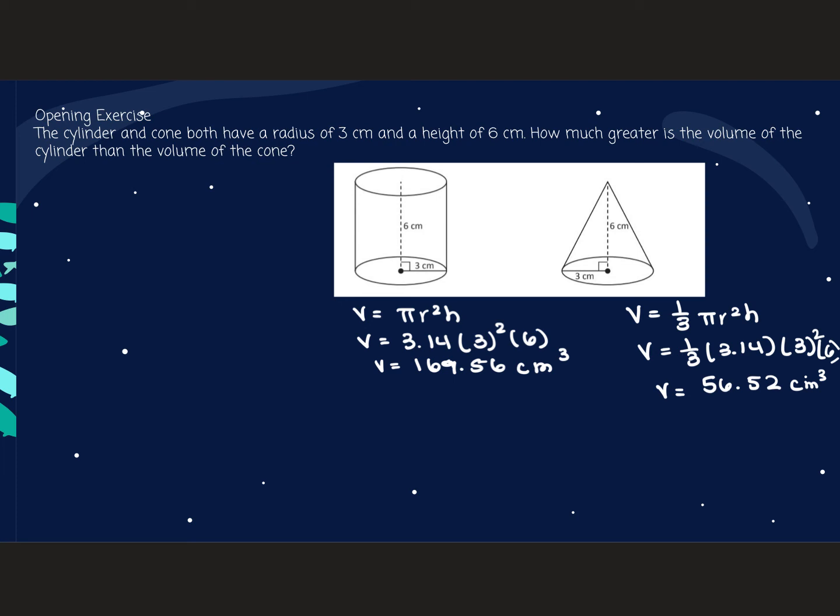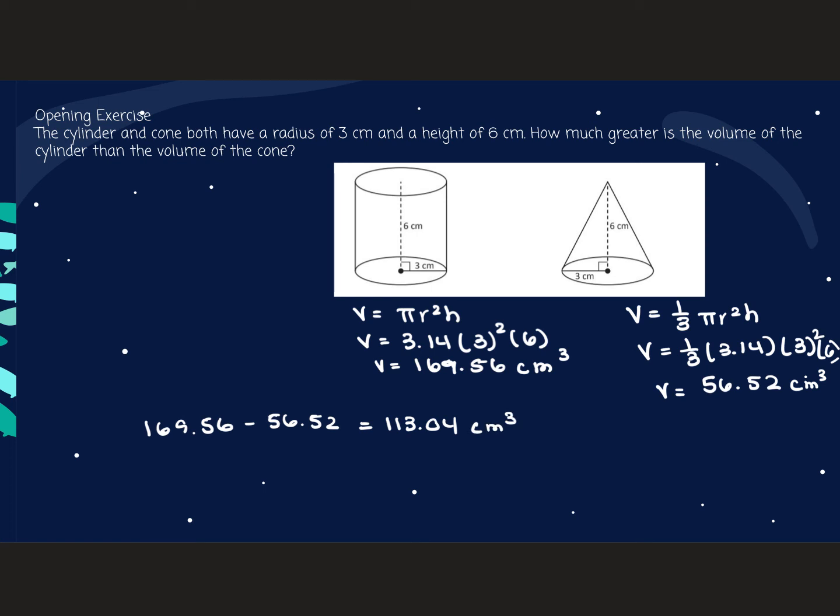The question asks us, how much greater is the volume of the cylinder than the volume of the cone? So we're going to take our 169.56 and subtract 56.52, which gives us 113.04, and that's going to be centimeters cubed.